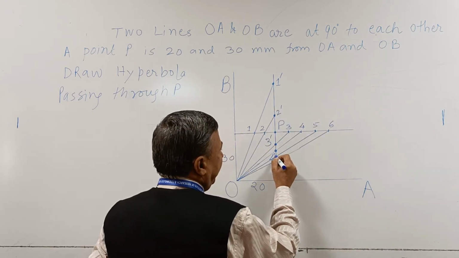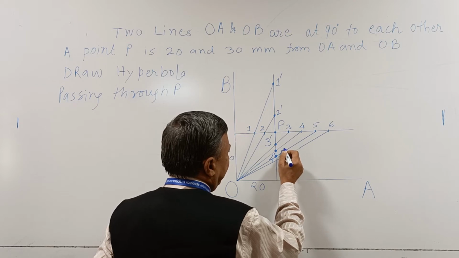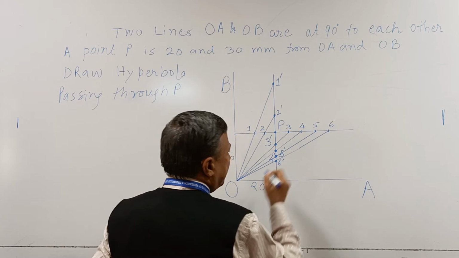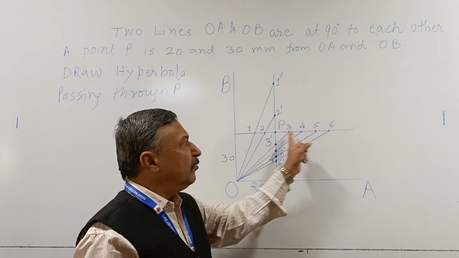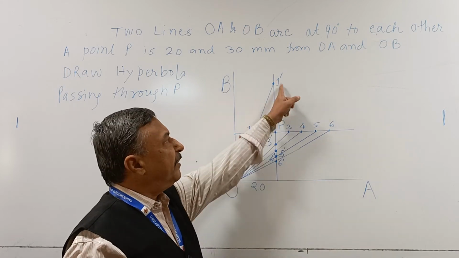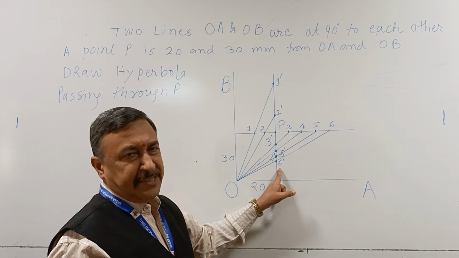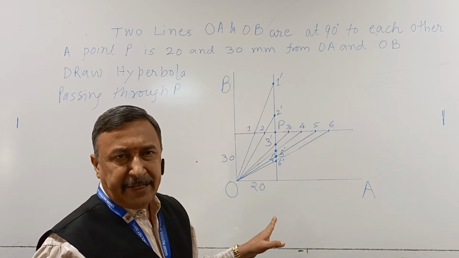You get point 5 dash and 6 dash. So we have points 1, 2, 3, 4, 5, 6 and 1 dash, 2 dash, 3 dash, 4 dash, 5 dash and 6 dash on the horizontal and vertical lines.